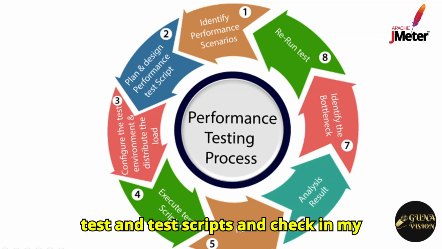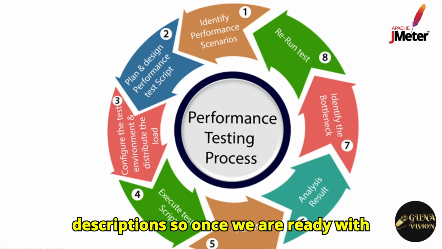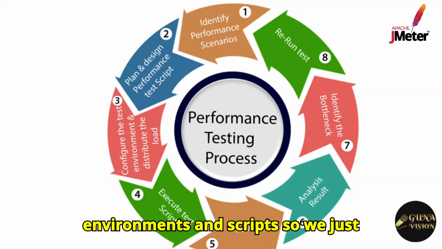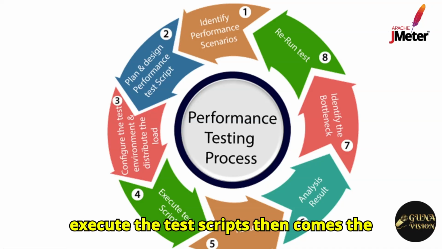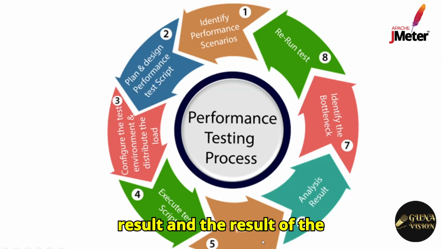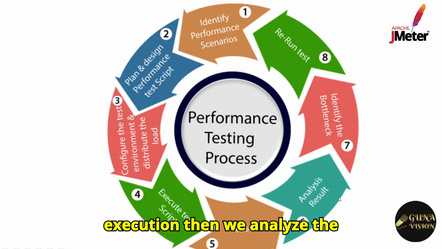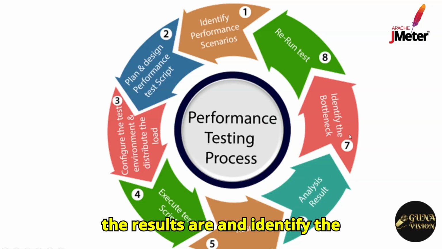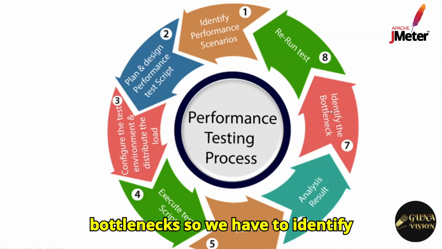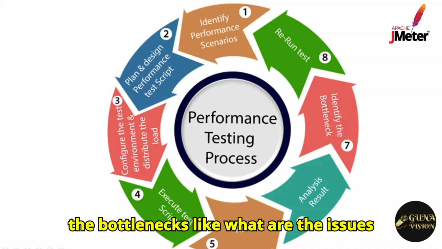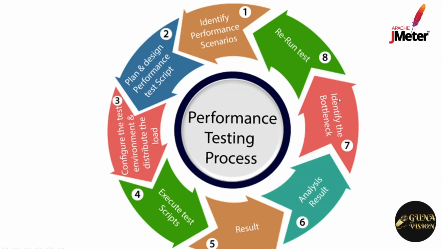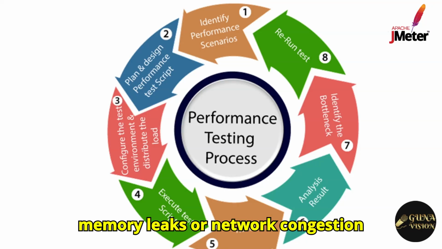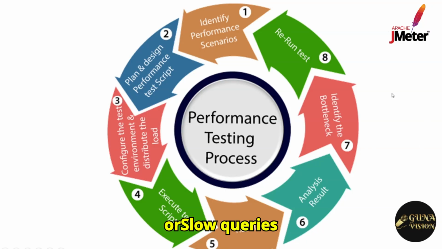Then execute the test scripts. Once we are ready with the software, the test environment and scripts, we just execute the test scripts, then comes the result of the execution. Then we analyze the results and identify the bottlenecks, like what the issues are, such as memory leaks, network congestion or slow queries.